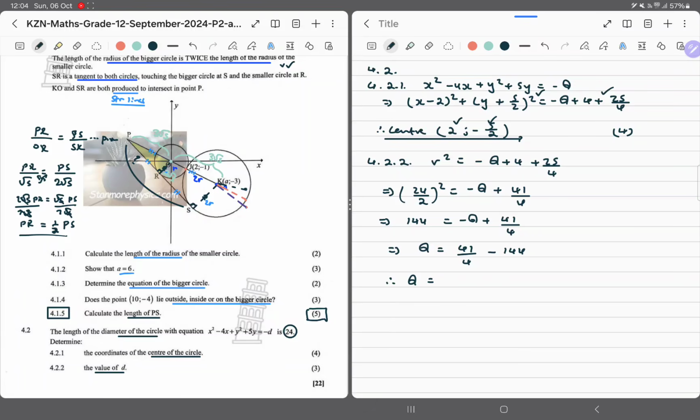That's minus 535 over 4. Right. Let me just double check. 41 over 4 minus 144. Yes, it's minus 535 over 4. So that's good.